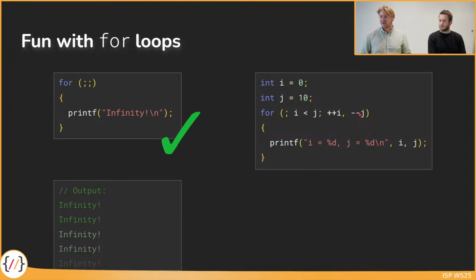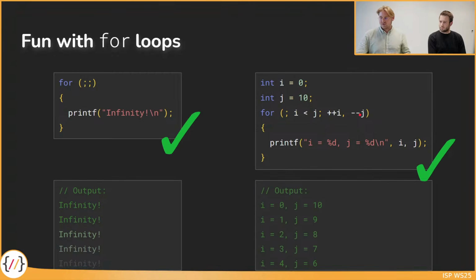That's valid syntax in C. Again, there might be some special use cases for that, but in most cases we will just have one expression. It works, it compiles, that's totally fine.